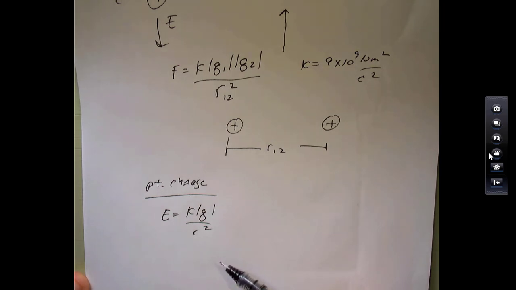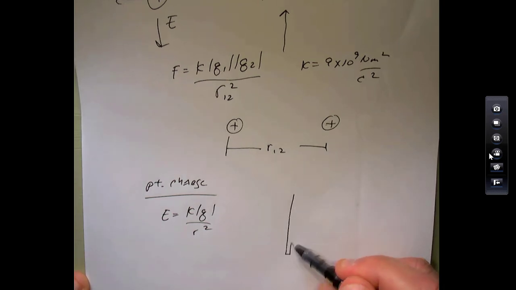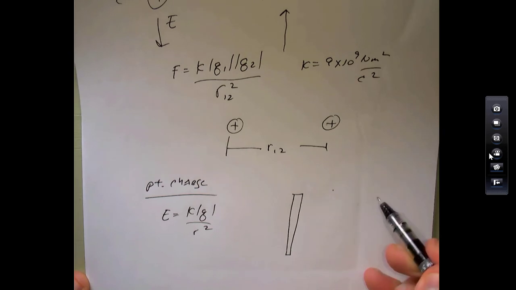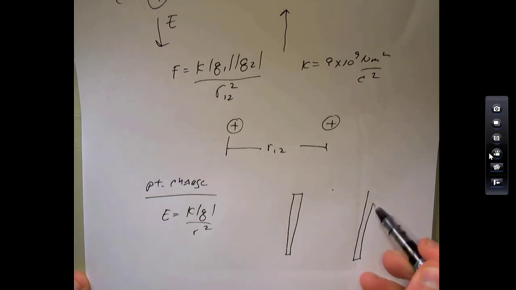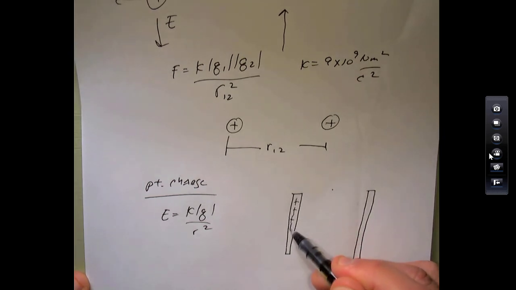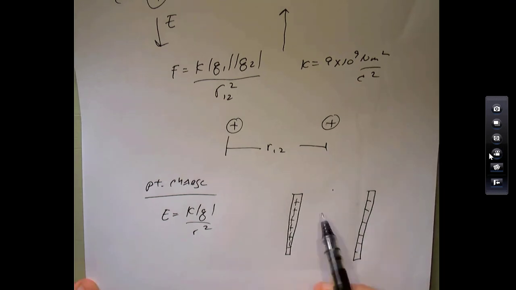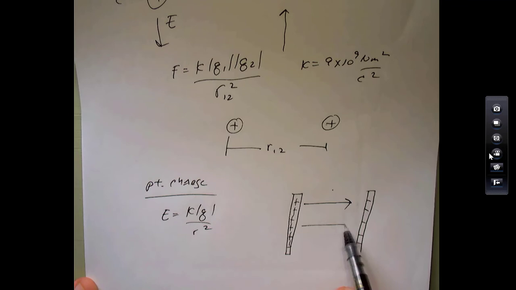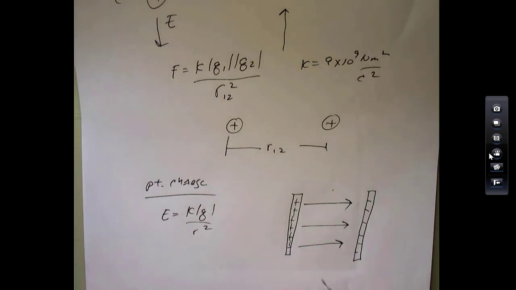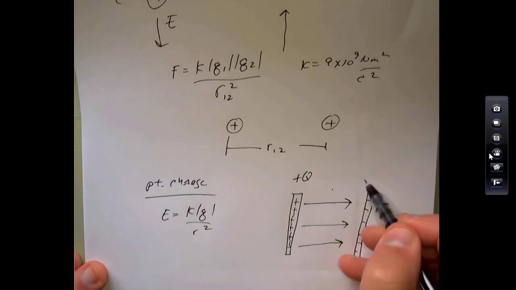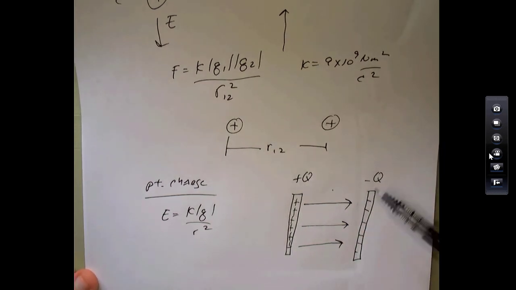We also looked at the electric field due to a capacitor. So it seems like a long time since we've done capacitors, but here's a capacitor. One plate is positively charged, one plate is negatively charged. The electric field goes from the positive side to the negative side. This is plus Q, this is minus Q. The capital Q just means a collection of charges.